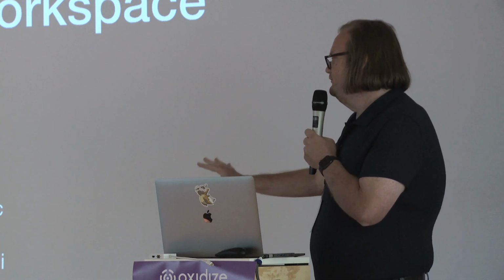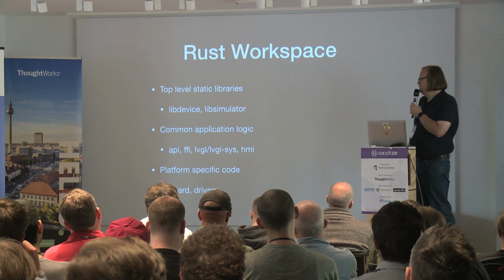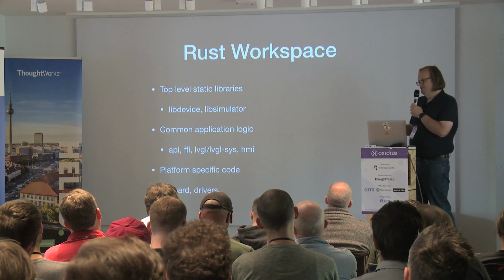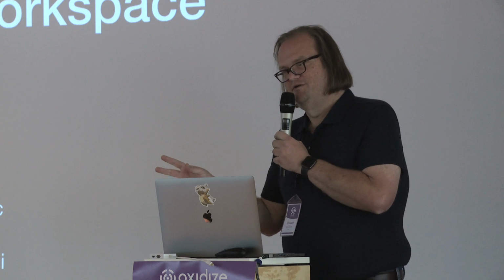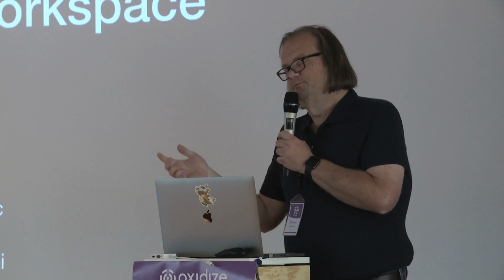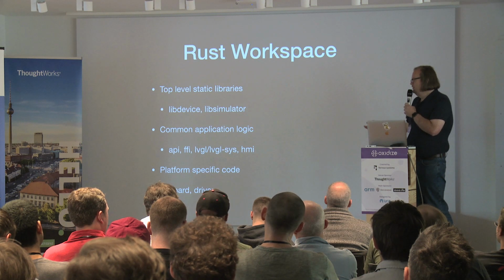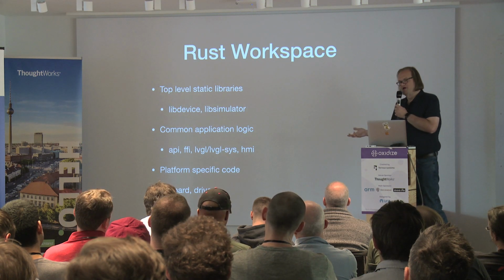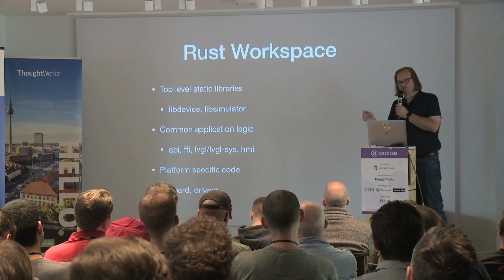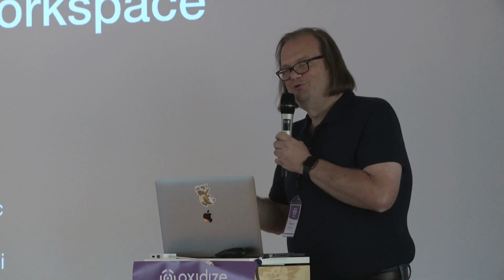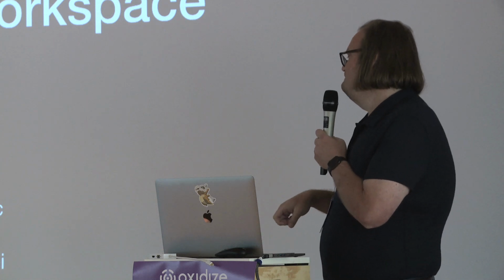The interesting parts come in the common logic. API doesn't really have any functionality other than a bunch of C header files that the native code can read, but we also run bindgen on it to get automatic bindings that the Rust modules can use to communicate with each other through this C API.